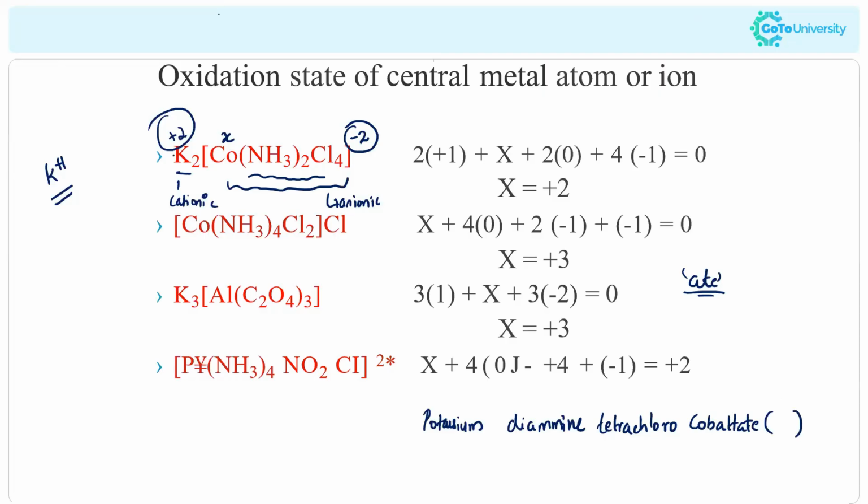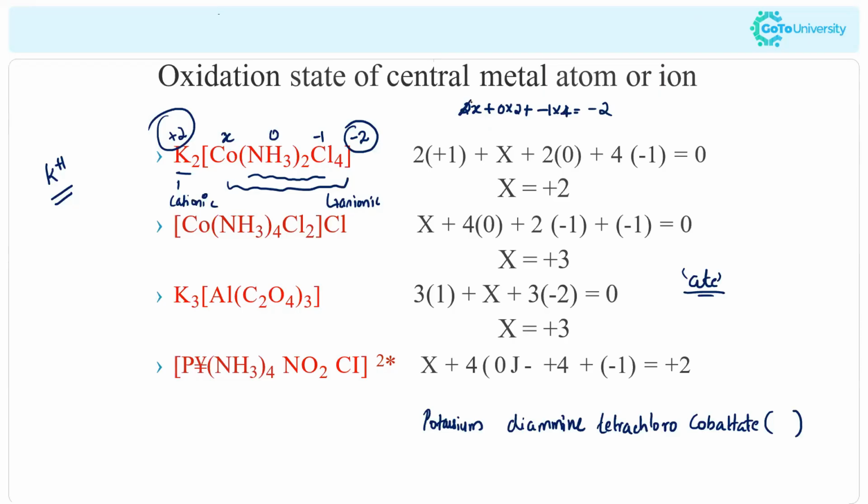Okay, now we have to find out the oxidation state. Here we have ammonia, that is 0, chlorine is -1, and the charge of this whole complex will be -2. So we can take the cobalt as x and we can write x plus 0 into 2 plus -1 into 4, that is equal to the total charge of the ion, which is -2.